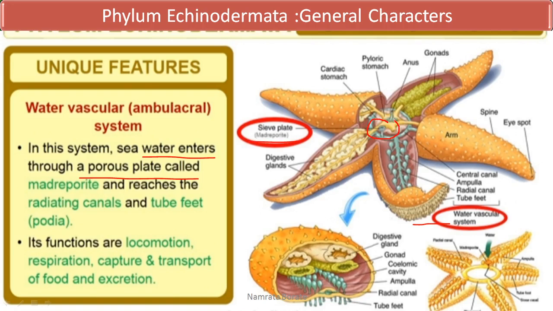The sea water enters through the madreporite and reaches the radiating canal, and then reaches the tube feet, known as podia. Its functions are locomotion, meaning movement. It is used for respiration, capture and transport of food, and excretion.